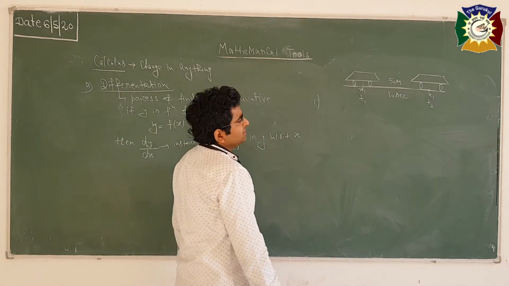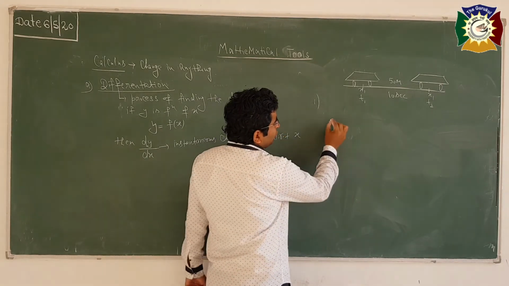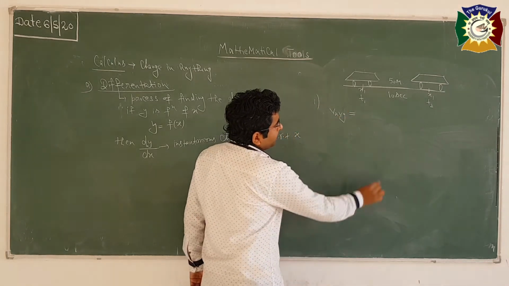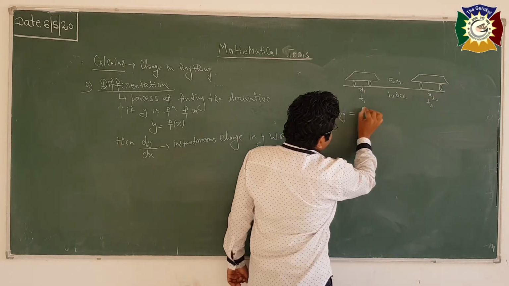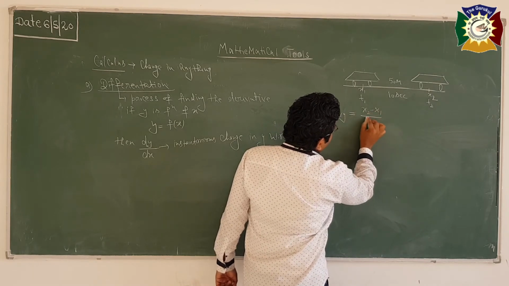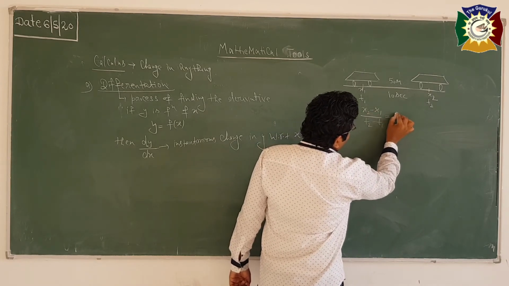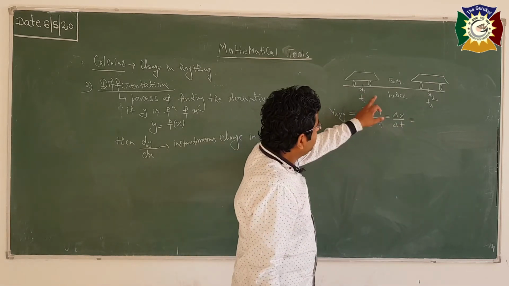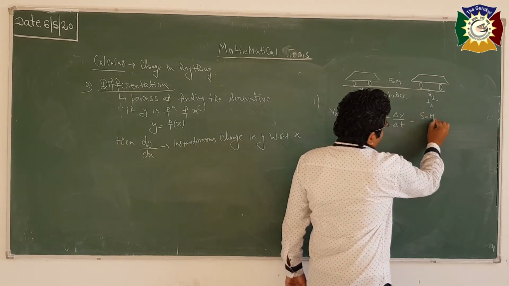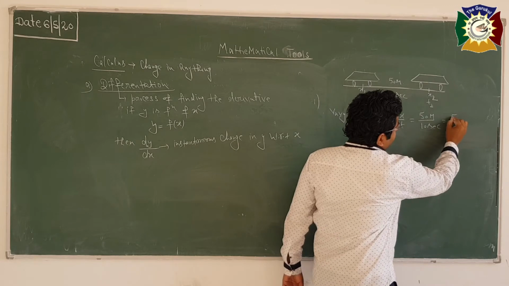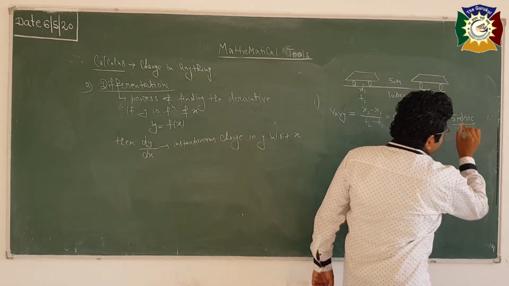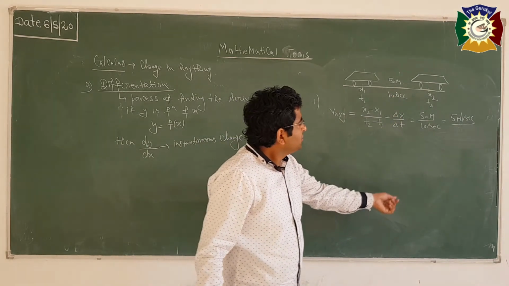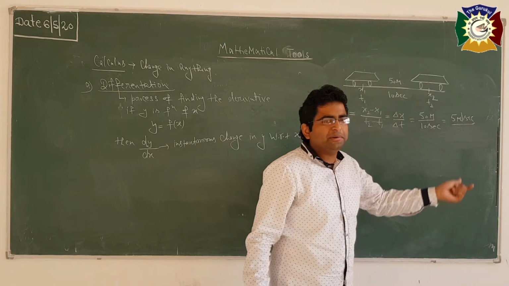If I ask what the average speed is, you can calculate it. V average is equal to x2 minus x1 divided by t2 minus t1, or you can write delta x upon delta t, equal to 50 meters divided by 10 seconds, it will come out 5 meters per second. Clear? Okay, delta stands for a large interval. So we get the average as 5 meters per second.